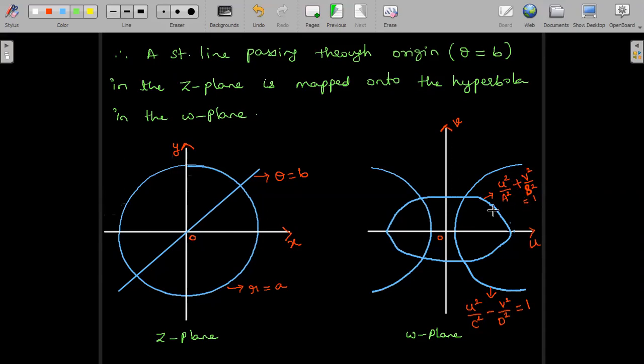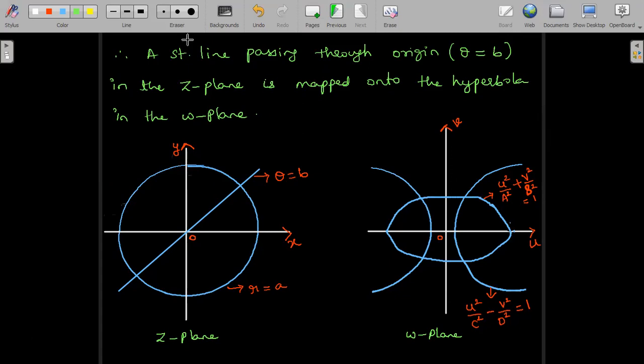In the second case, we took theta is equal to b, which represents a straight line passing through the origin in the Z plane, and we see that this maps onto a hyperbola in the W plane. Hyperbola is given by U square by C square minus V square by D square is equal to 1. So this is how a transformation from Z plane to W plane can be done for W is equal to Z plus 1 by Z.